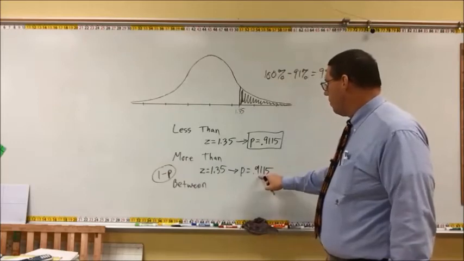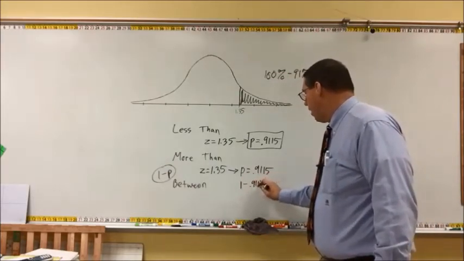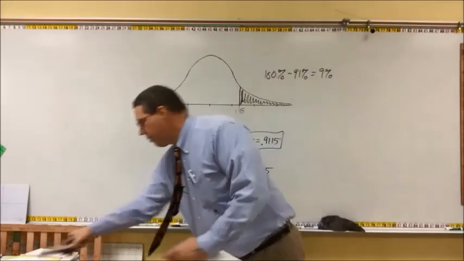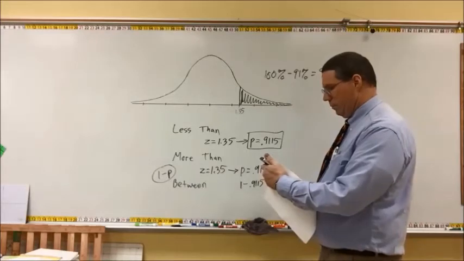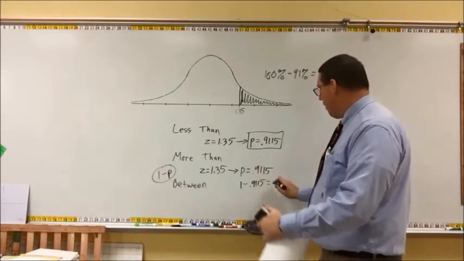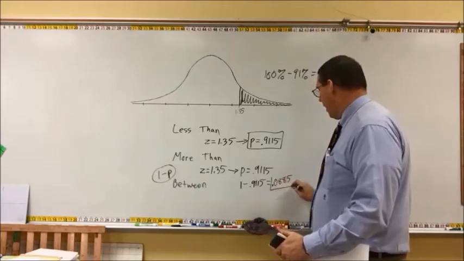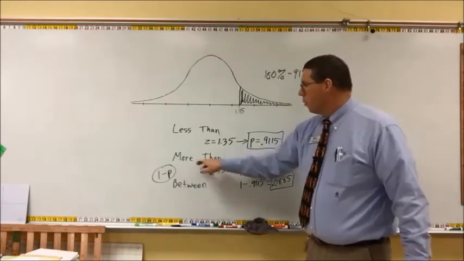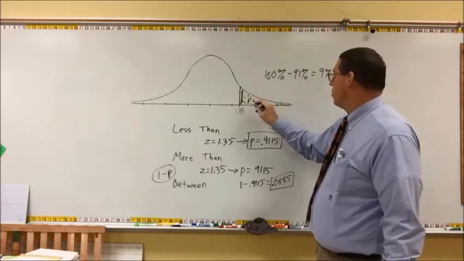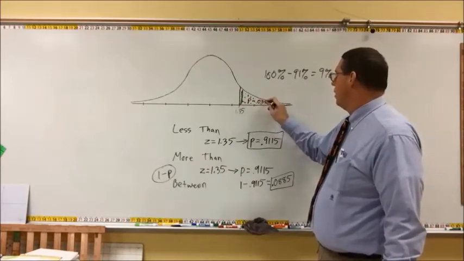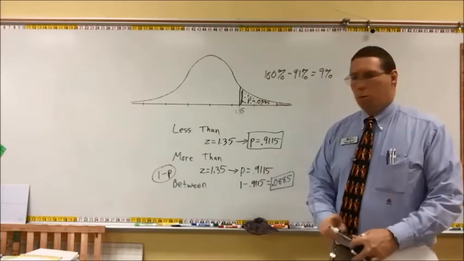So we're going to do 1 minus 0.9115, which is 0.0885. And that is our more than p-value. This region in here is p equals 0.0885. That's how you do a more than proportion.